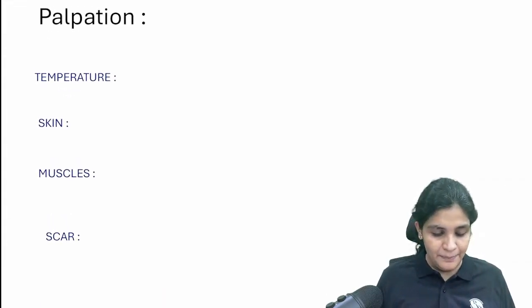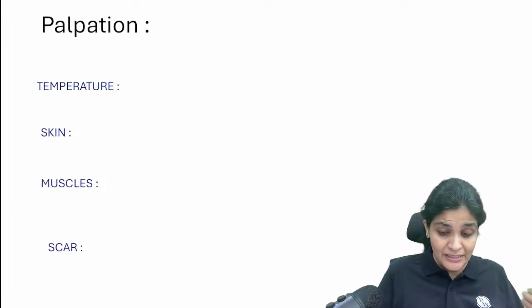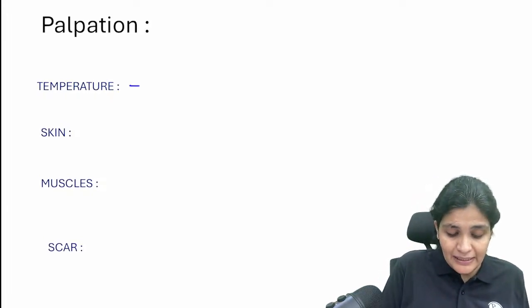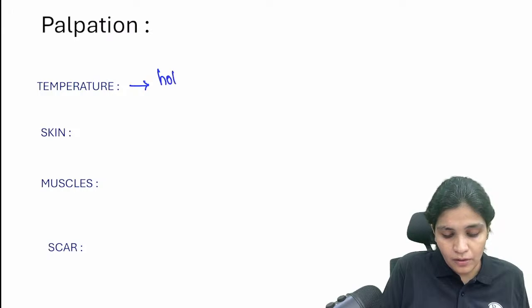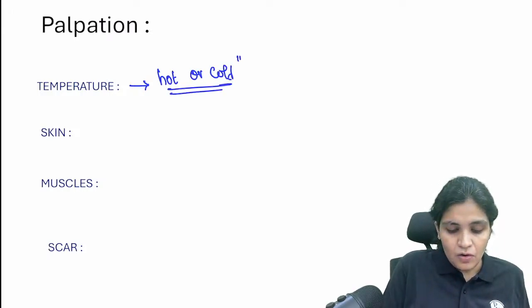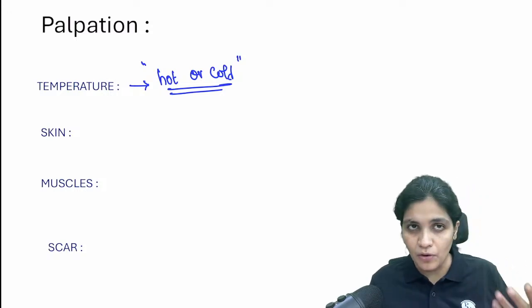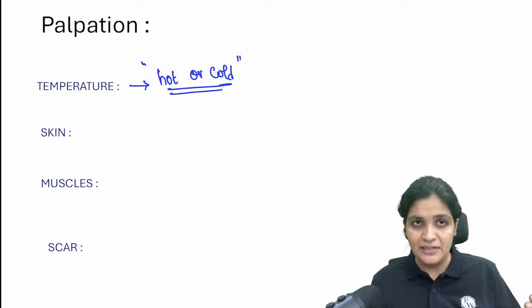Then comes the palpation. In palpation, what we actually do is, usually we see the temperature, whether hot or cold. The patient is feeling more hot or more cold, what is it? So that is about the temperature.